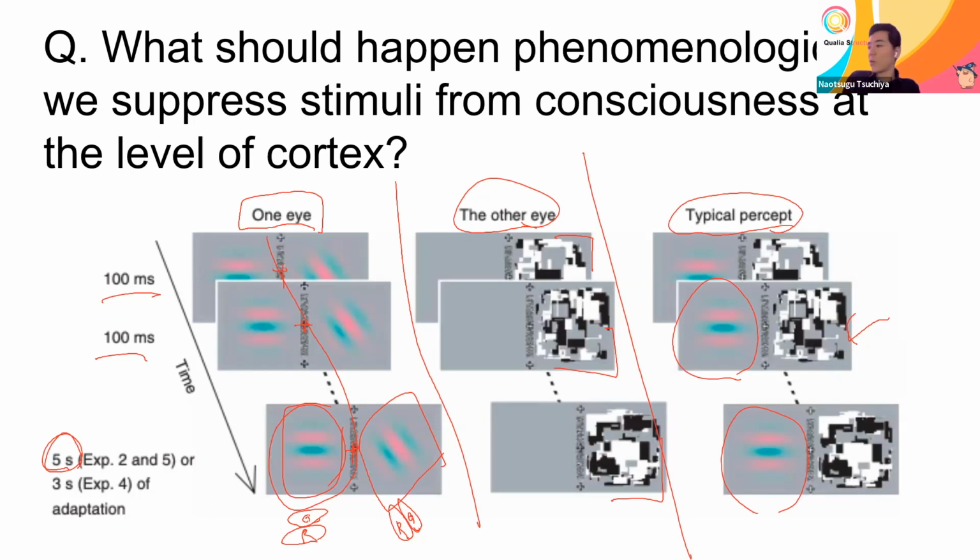So you don't even notice that there's something colored presented on the right side of the vision. And then after 5 seconds, what happens? That's a question. Did you get the situation so far?